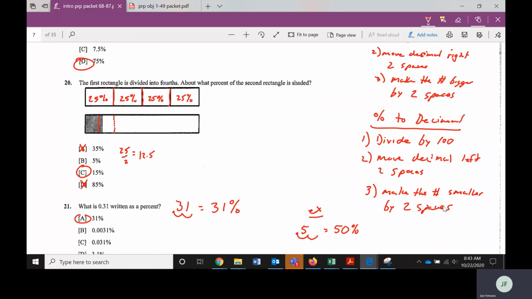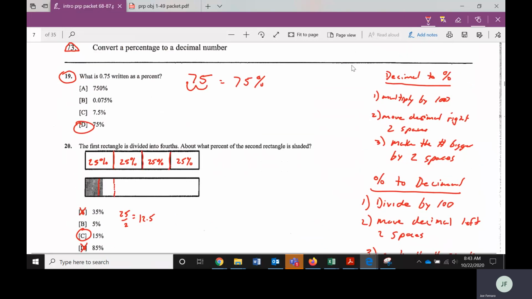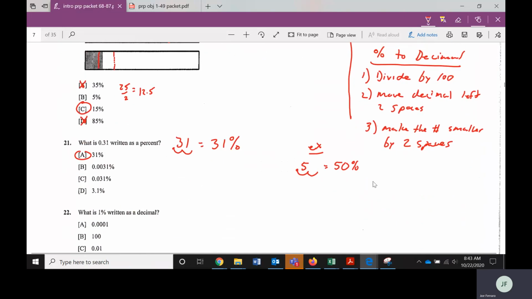Those all mean the same thing. These are just kind of general notes.